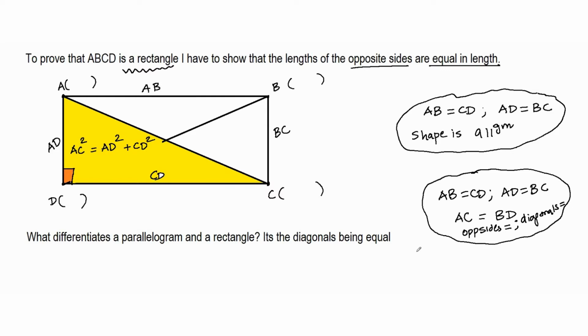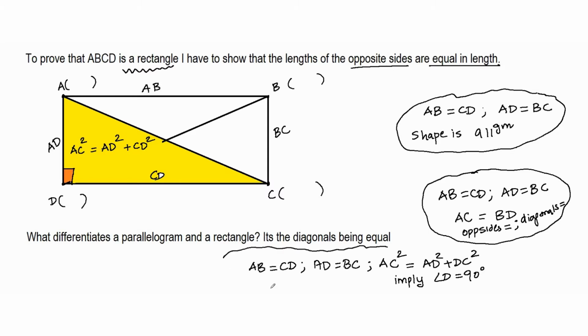So another check for a rectangle is to show that AB and CD are equal, and AD and BC are equal, meaning the opposite sides are equal. And on top of that, I should show that AC square is equal to AD square plus CD square, because this implies that angle D is equal to 90 degrees. Then you can definitely say that you have a rectangular shape, right?